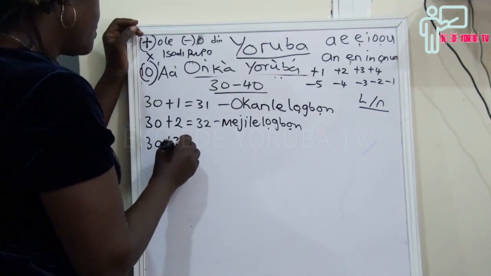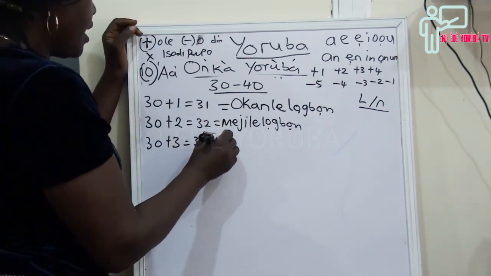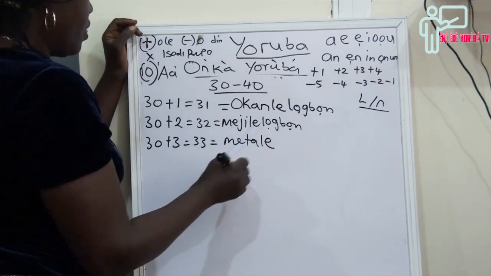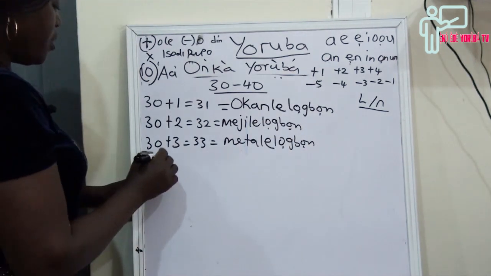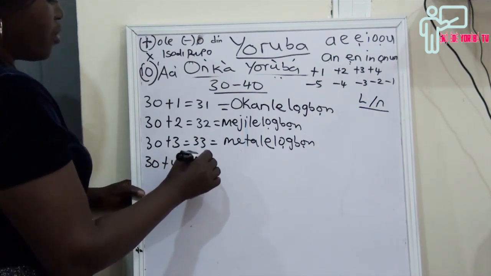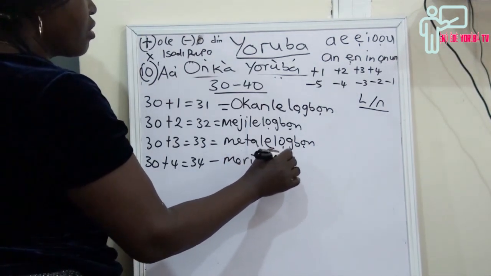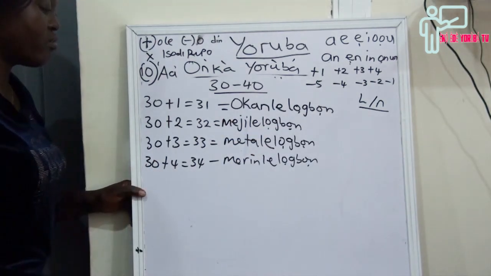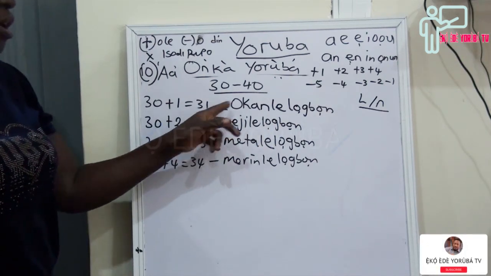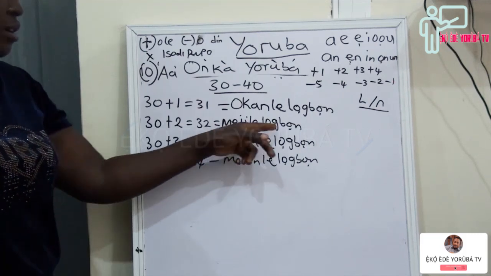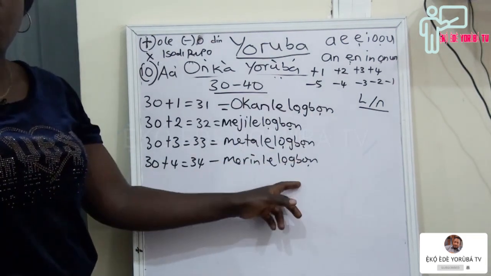30 plus 3, 33, which is mẹ́tàlélọ́gbọ̀n. 30 plus 4, which is 34, mẹ́rìnlélọ́gbọ̀n. 31 ọ̀kànlélọ́gbọ̀n, 32 méjìlélọ́gbọ̀n, 33 mẹ́tàlélọ́gbọ̀n, 34 mẹ́rìnlélọ́gbọ̀n.